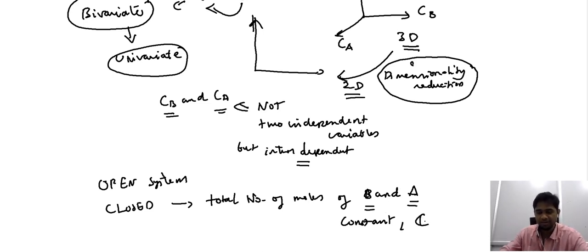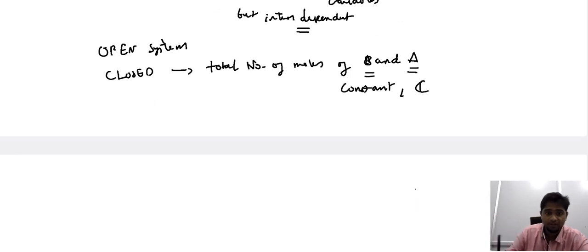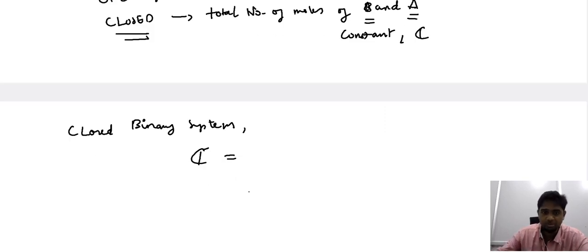So we have established, by considering a specific form of a system, a relation between the number of moles of B, the base metal, and the number of moles of A. That is, when you have a closed binary system, the total number of moles of the base metal and the alloying element that is present is equal to the sum of the number of moles of base metal and the alloying element, and this is constant.